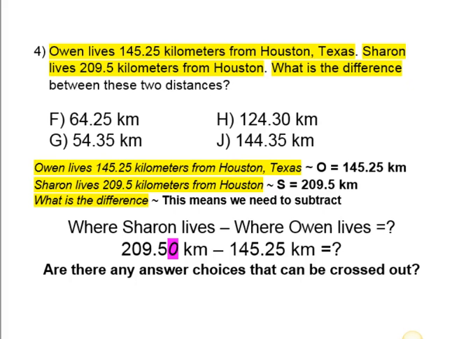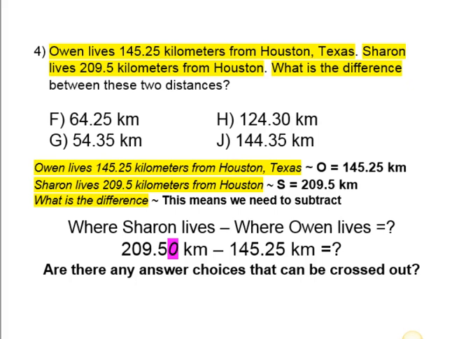Now let's look to see if there are any answer choices we can cross out. A quick tip is to look at our decimals, okay? So we have 0.50 minus 0.25. A quick way of thinking of it is if you have 50 cents and you gave someone a quarter, how much would you have left?